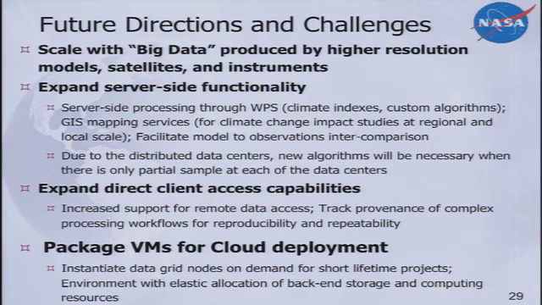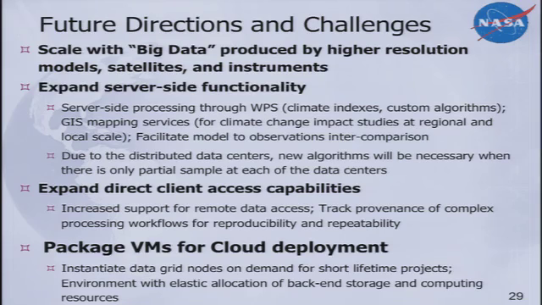Right, so future direction. I see big data is becoming a core necessity for the future science enterprise. We need big data, we need to address this problem, and we see some of the challenges. We need to do server-side processing, we need high-speed access to the data, and also we need to think about data centers.